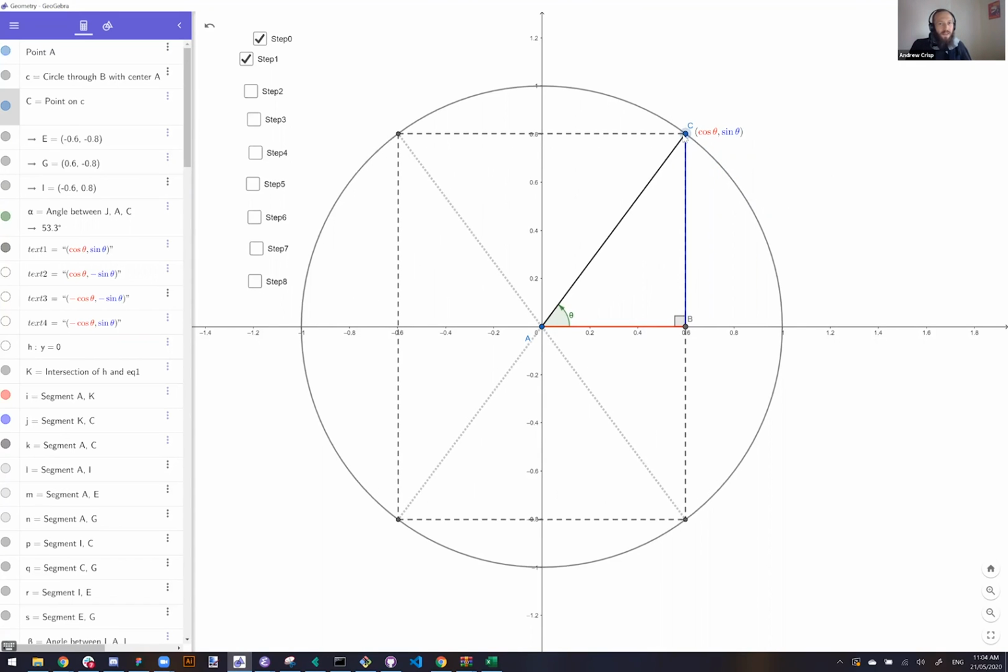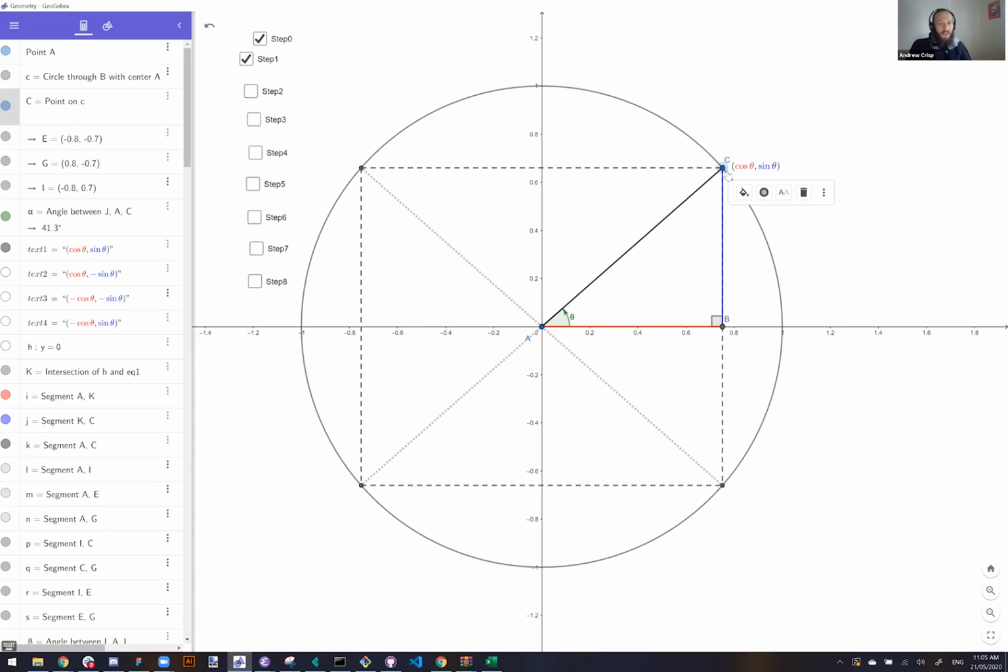So I'm just connecting it to the other side of the circle, a reflection across the y-axis. Whereas this point down here is a reflection across the x-axis. And then if I reflect across the x and across the y, or across the y and then across the x, I get this point down here.